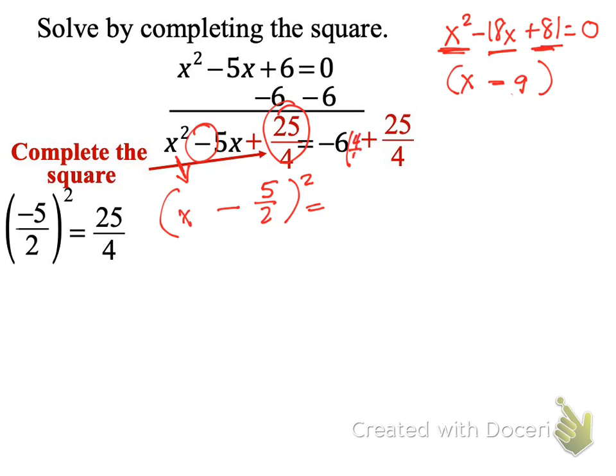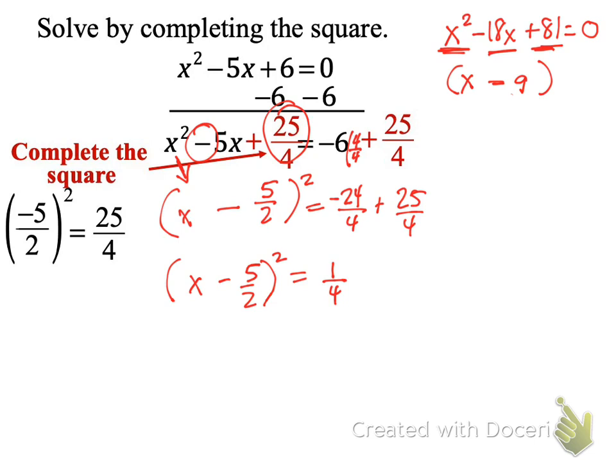So I've got to multiply by 4 over 4, and we end up with negative 24 over 4 plus 25 over 4. So now I'm doing x minus 5 over 2 equals, what is it? 1 over 4.